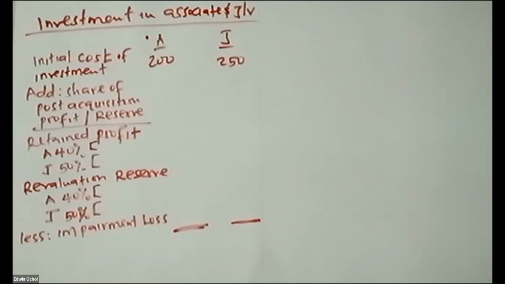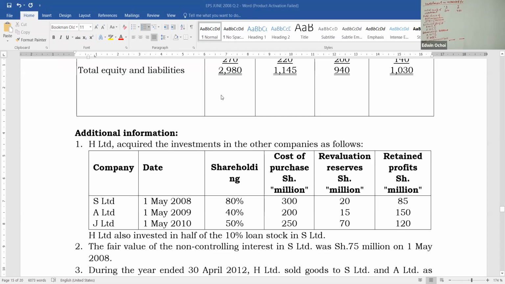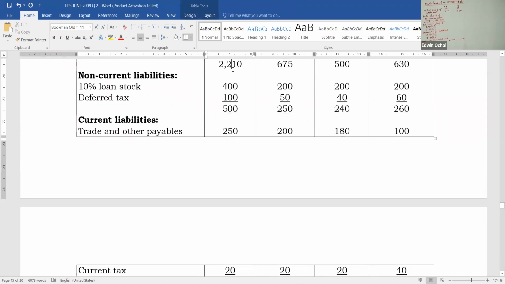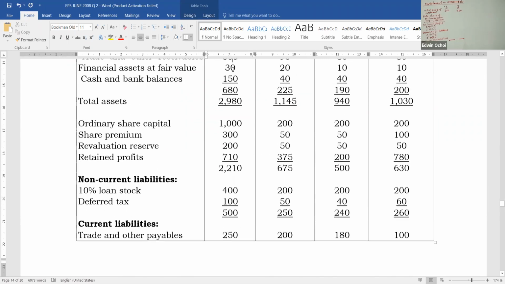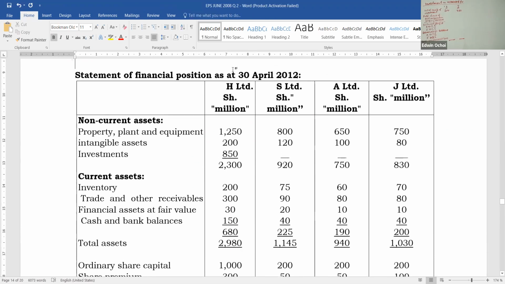In order to get the post, you go to your statement of financial position. The retained profit as at the end of the year was... remember that the statement of financial position is prepared as at the end of the year. So this statement is prepared as at 30th April 2012.